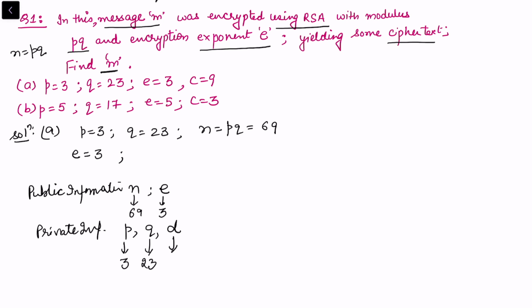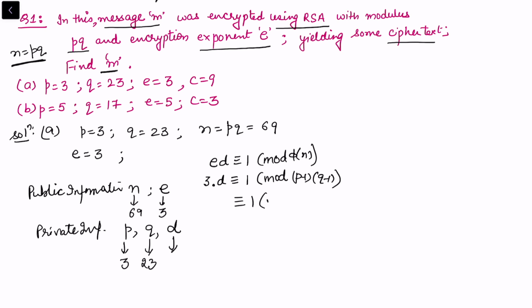To calculate D, we need ED congruent to 1 mod phi N. Phi N is the Euler totient function; you can see that in my previous video. E is 3, so 3 times D is congruent to 1 mod phi N, and because N is the product of two primes, phi N is P minus 1 times Q minus 1, which is 2 times 22.